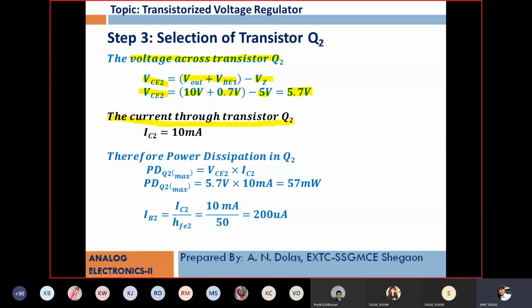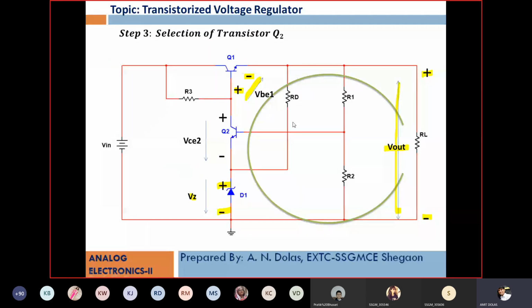And the current through transistor Q2 we have already decided in the Zener circuit. While designing the Zener circuit, there will be a total of 20 milliampere current passing through the Zener, out of which 10 milliampere is coming from RD and 10 milliampere is coming from transistor Q2. So of course, the current passing through transistor Q2 is 10 milliamp.